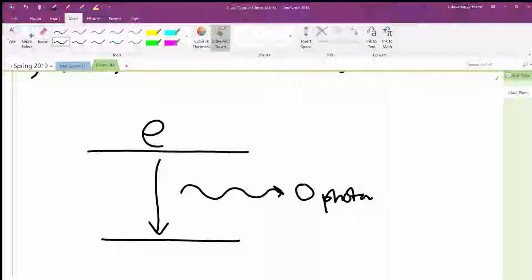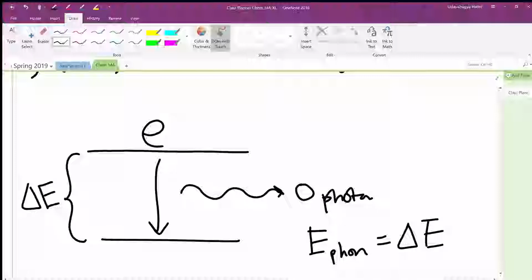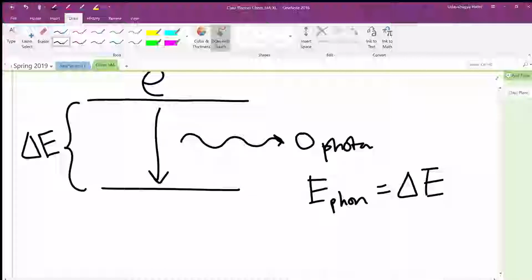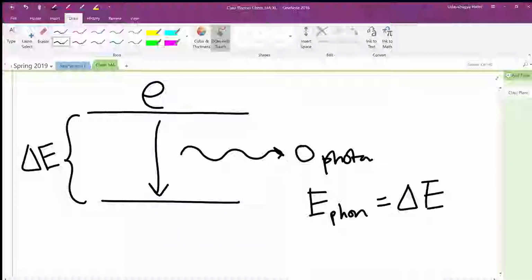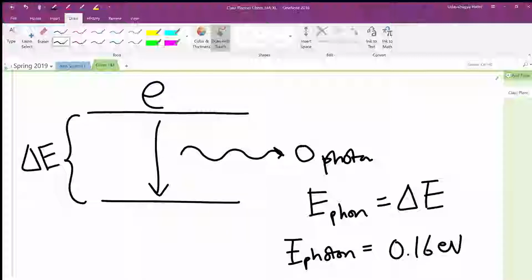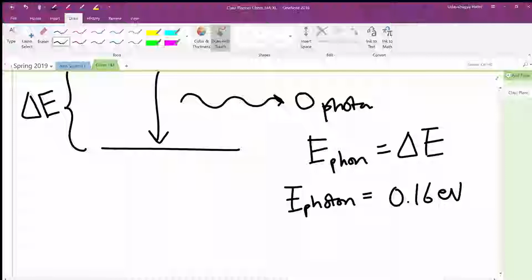So the electron goes down, and the energy of this photon is simply equal to the difference between the energy of these two states. So in this particular problem, the energy of the photon is 0.16 electron volt.